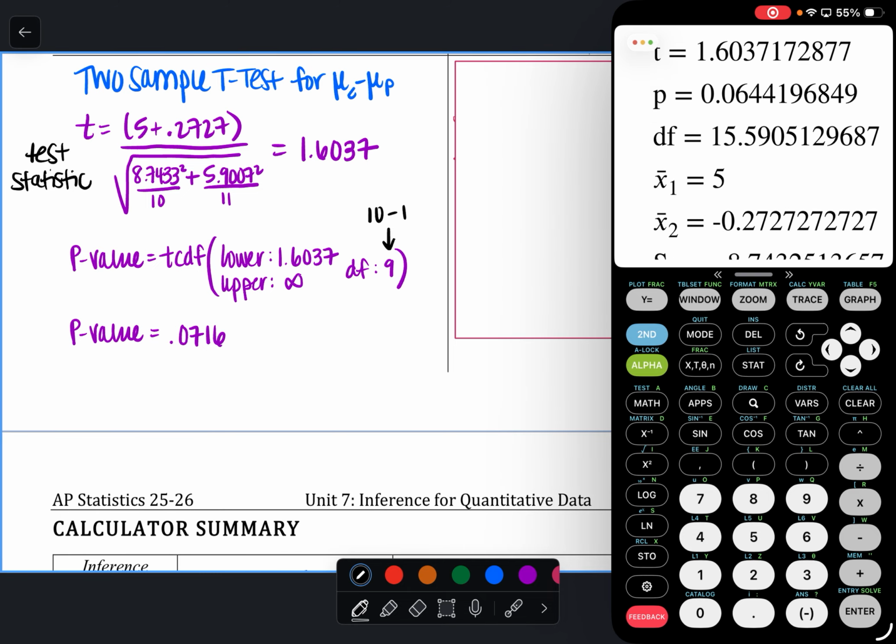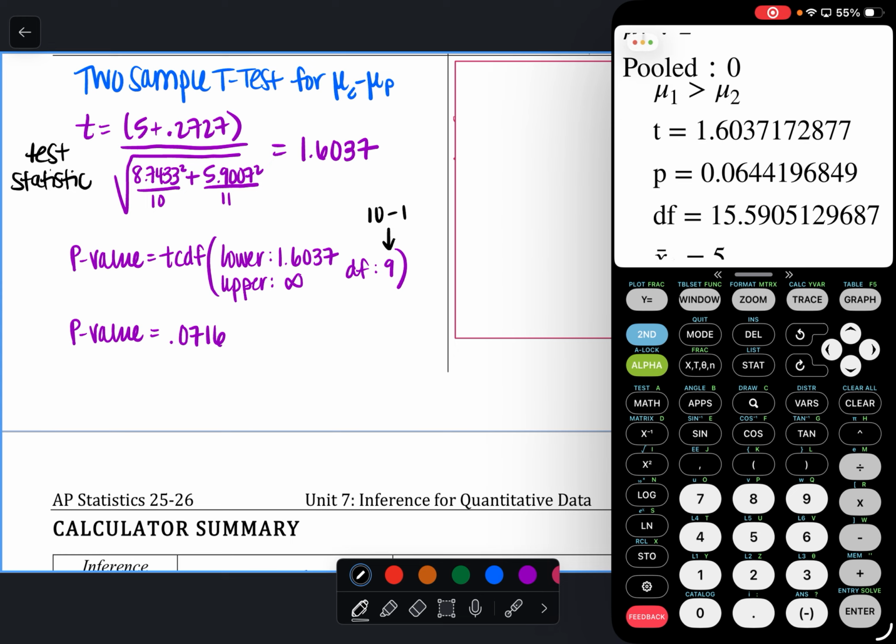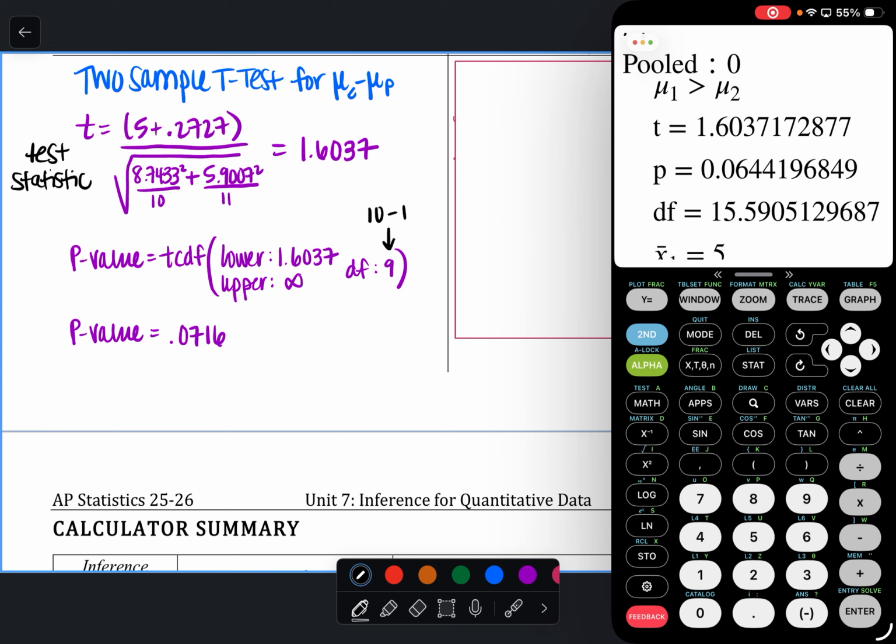And you should get a T and a P that is fairly close even when you are doing the conservative degree of freedom. This has a degree of freedom of about 16, and we still got a very similar T and P value. Now, here again is my disclaimer.